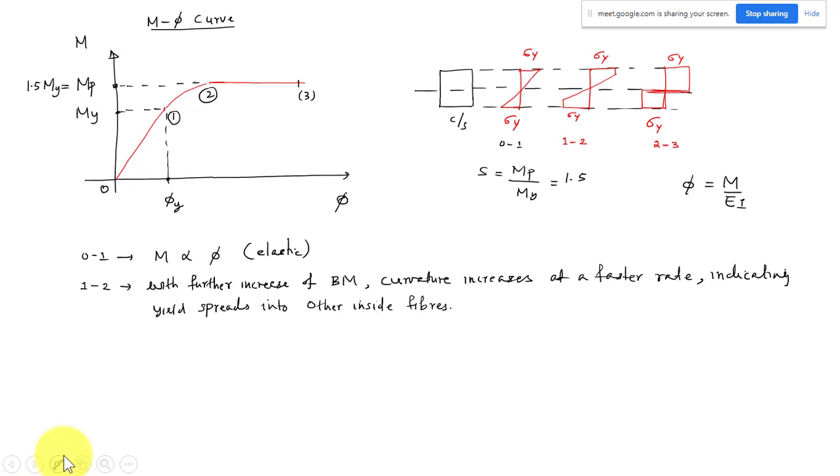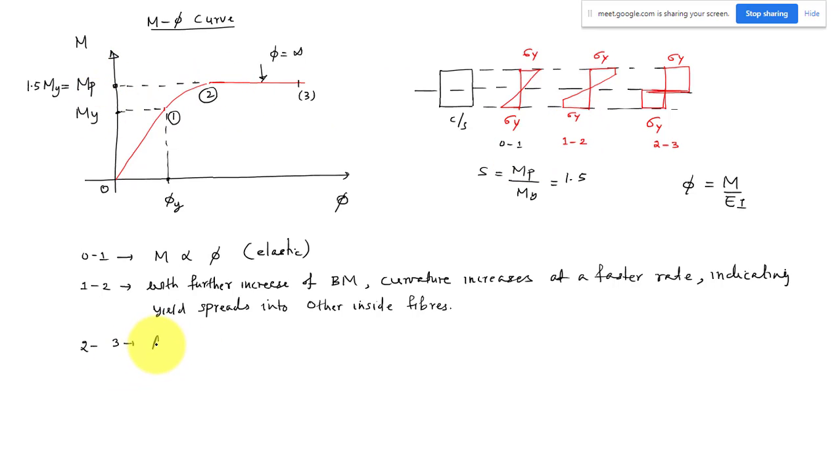Okay, and then I have 2 3. Here you can see that as the moment attains fully plastic, the curvature tends to infinity. So that is indicating this graph is just going straight. That means without any change of moment, this curvature just keeps on increasing.